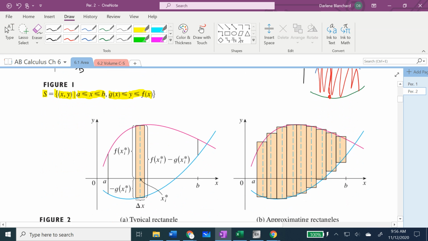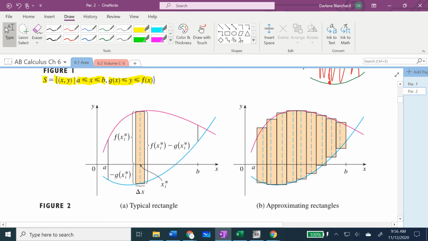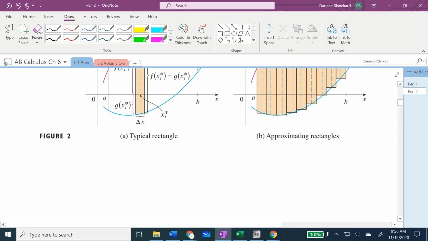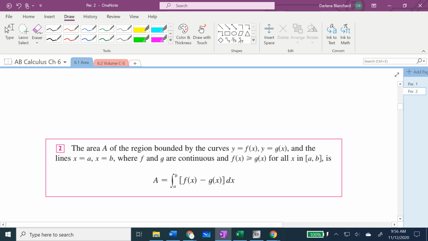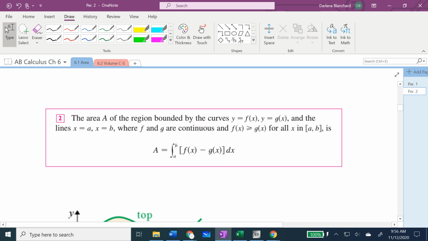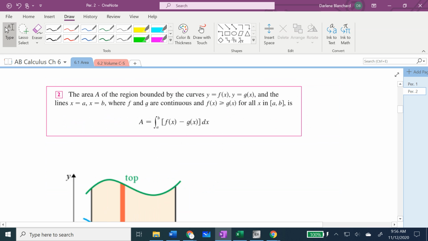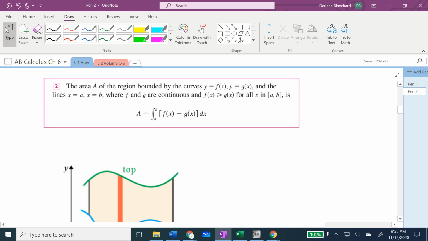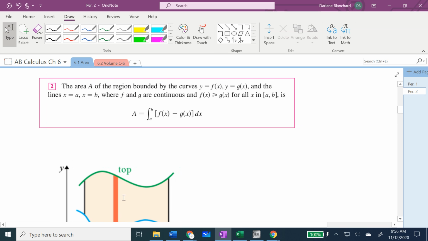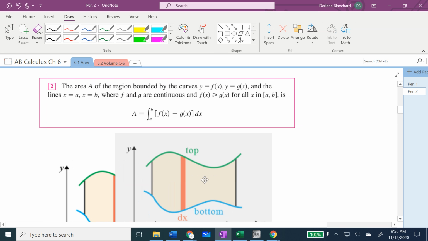And here's a lovely picture of our approximating rectangles. And now the official definition, and then an emphasis with a picture, but looks like I can't show both of those nicely at the same time.